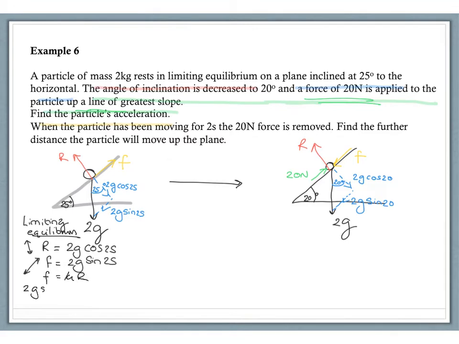So 2g sine 25 is equal to mu multiplied by 2g cos 25, and this then gives us our mu value, which is equal to, a bit of cancellation here, sine 25 over cos 25, which works out to be tan 25. So that will be a useful piece of information to hold on to.